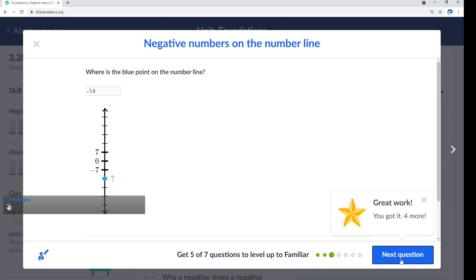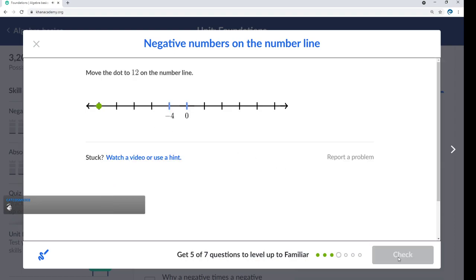I hope so. Okay, so now we're going to move the dot to 12 on the number line. So each tick is 4, right? So this is 4, this is 8, and I guess that this is 12. It's just a guess. We're going to find out.